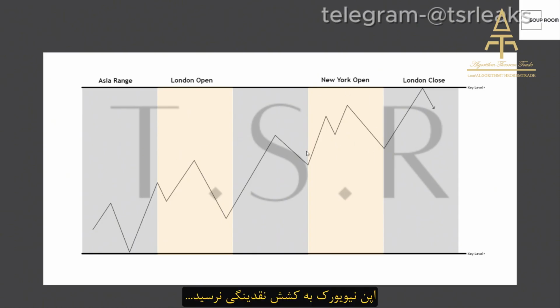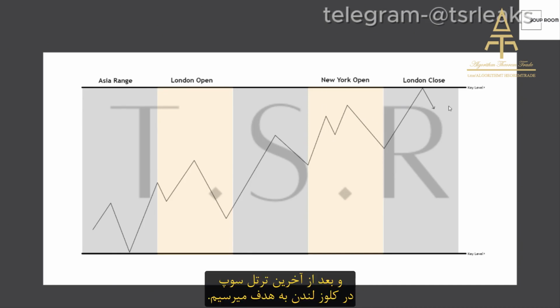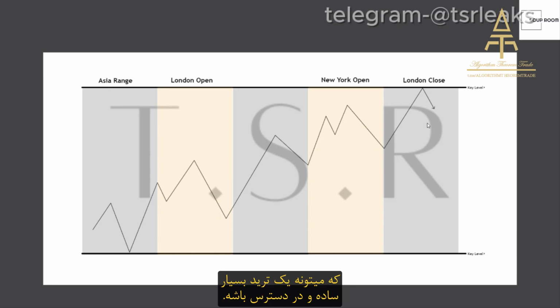New York Open did not touch the draw on liquidity into the London close, finally tapping the draw on liquidity after the final turtle soup. This is where you can locate a low hanging fruit strategy, model, or trade, okay?